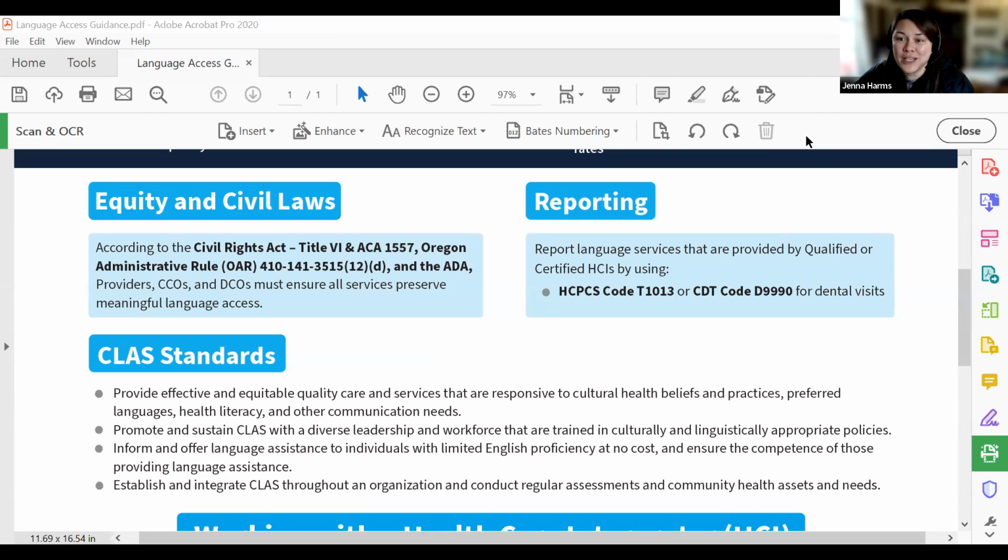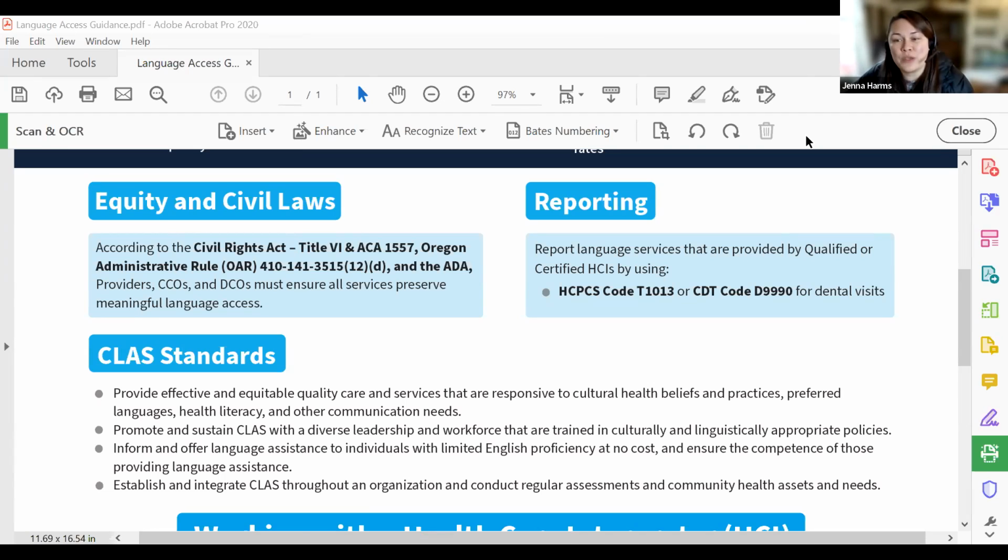Sometimes the content being discussed may not be appropriate for family members, or specifically children, to help support their family members or friends. As much as possible, the member always has a choice. If they would like to use a family member, that is their choice. But we want to offer certified or qualified, high quality interpreters, to ensure that the information being shared back and forth is accurate. So yes.